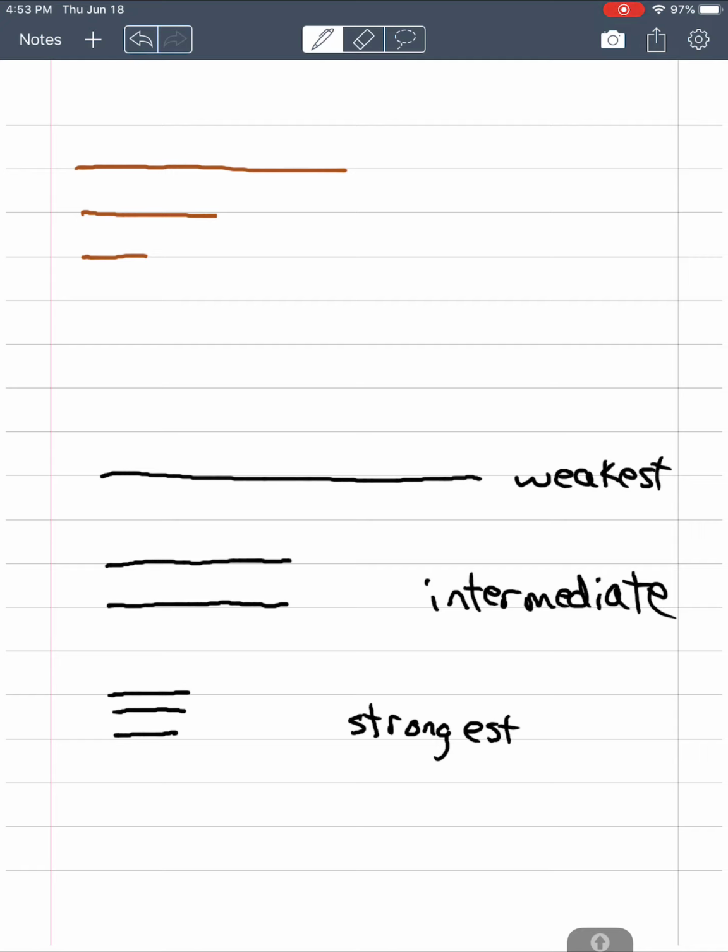So now we're going to start to get into VSEPR theory. Before we get into VSEPR theory, I'd like to take a minute to do some examples of Lewis dot structures so that we get some practice in on that.